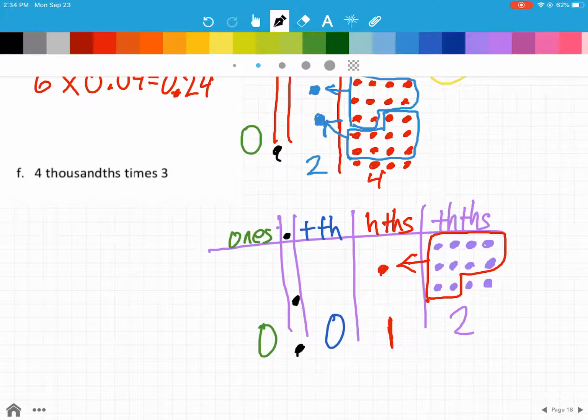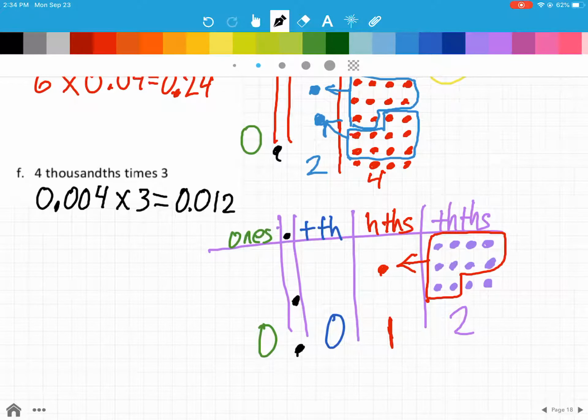All right, so hopefully you can see that 4 thousandths times 3 equals 12 thousandths. All right, so that's using place value understanding.